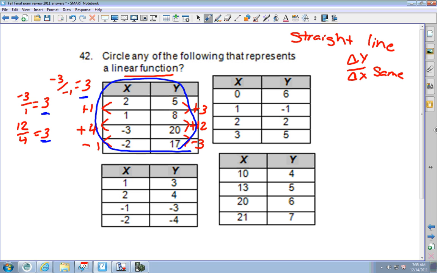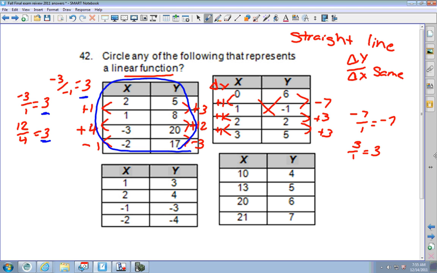Let's try the next one. Negative 7, plus 3, plus 3. Delta x is plus 1, plus 1, plus 1. This says negative 7 over 1 is negative 7. 3 over 1 is 3. Those are not the same. That does not work.